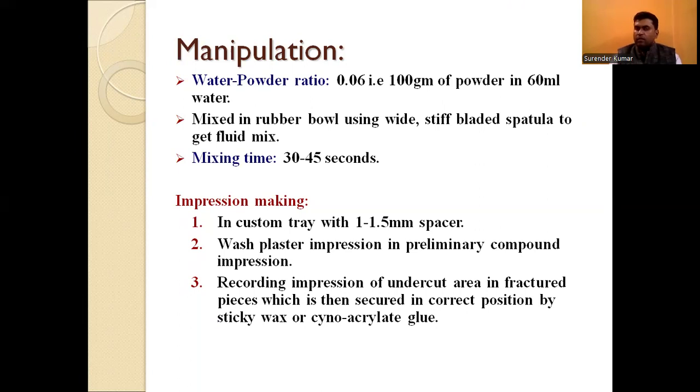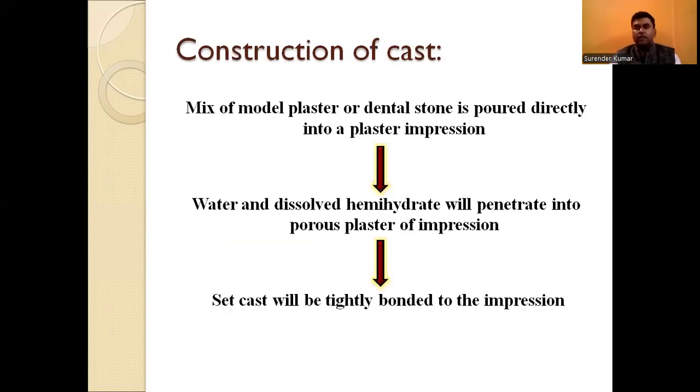Recording of the impression of the undercut area may result in fractured pieces, which are then secured in the correct position by sticky wax or sandpaper. So while you're removing it from the edentulous mouth, even if there's an undercut, it might fracture. Even if it fractures, you can secure it nicely together and stick it with sticky wax.